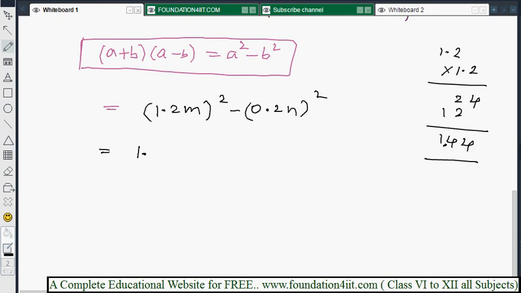That is 1.44 m square minus 0.2 whole square. So 0.2 whole square is 0.04, because 2 times 2 is 4, but we need 2 decimals after the point. So n square. You are already well known about this decimal conversion in squaring. So this way we can solve.